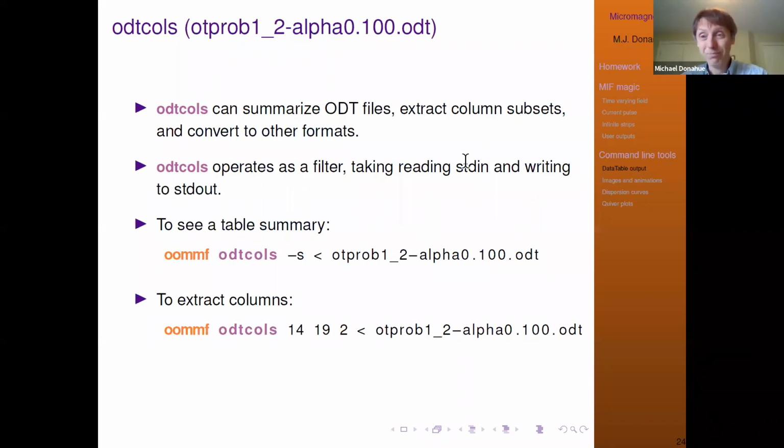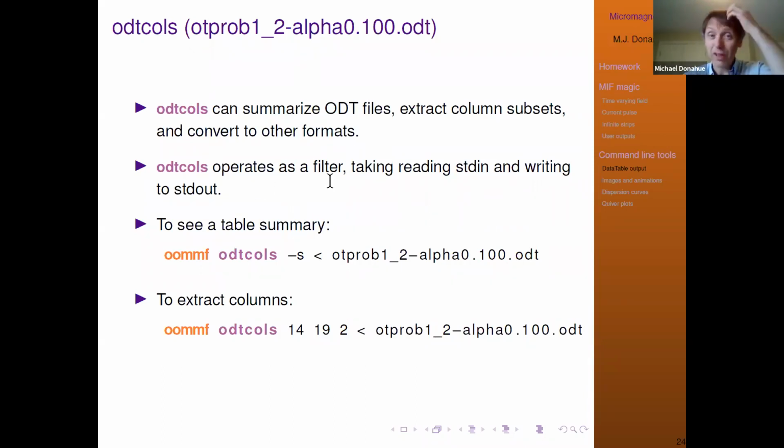It's a long list, and usually you don't want all of them. So this tool allows you to pull out particular columns, so you don't have all the columns. It also allows you to convert to other formats, which are easier to import into spreadsheets, okay?